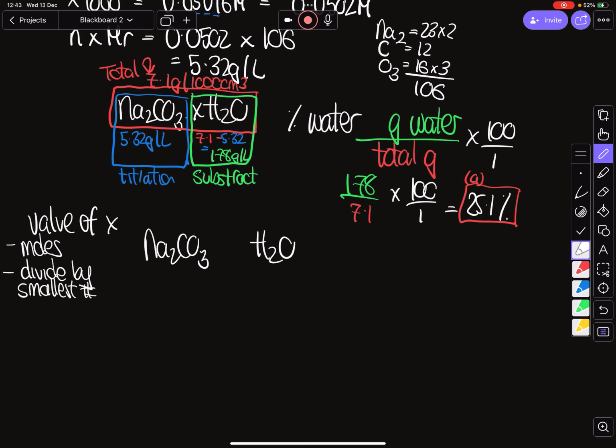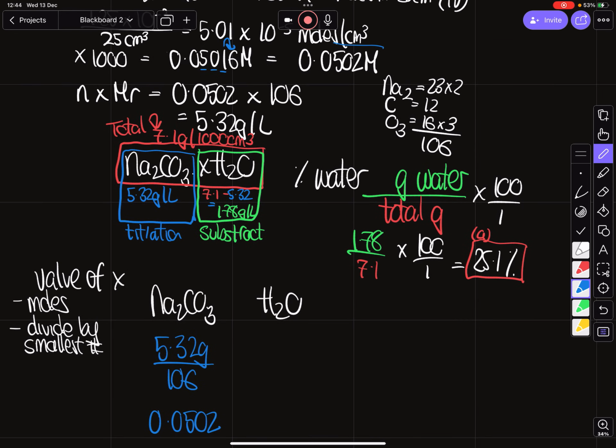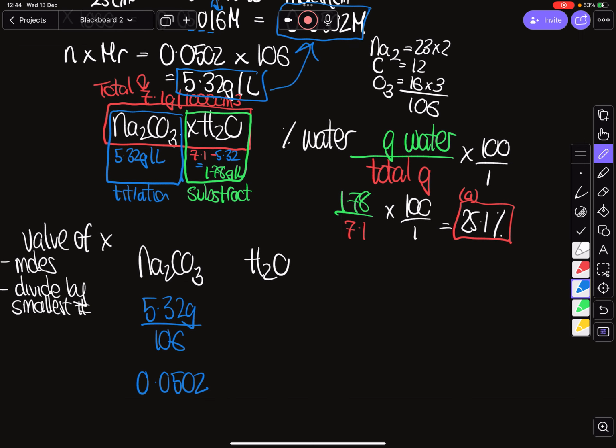So we have 5.32 grams of sodium carbonate. We divide that by its molar mass, and when we do that, we are going to get 0.0502. And if you're clever, you will notice that we've just worked backwards from here to here.